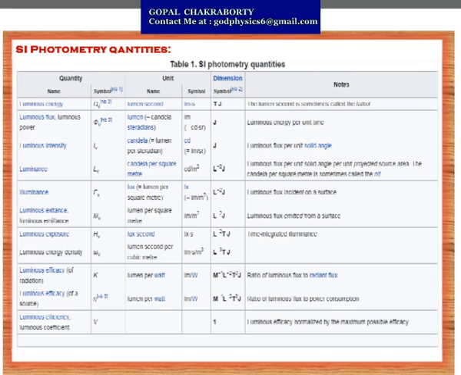From this chart you can see the name of the physical quantity, the symbol that represents that physical quantity, the corresponding unit, the corresponding symbol of the unit, the dimension, and detailed notes regarding each of the physical quantities that represent the photometric quantities.